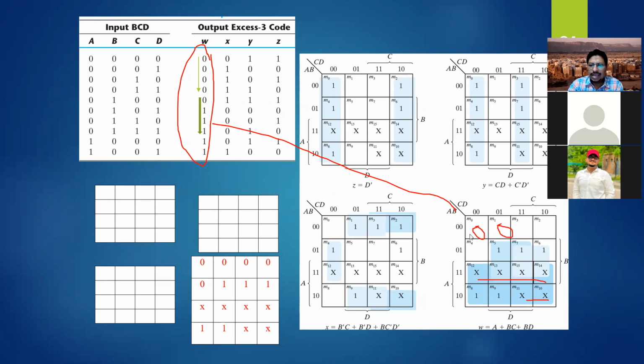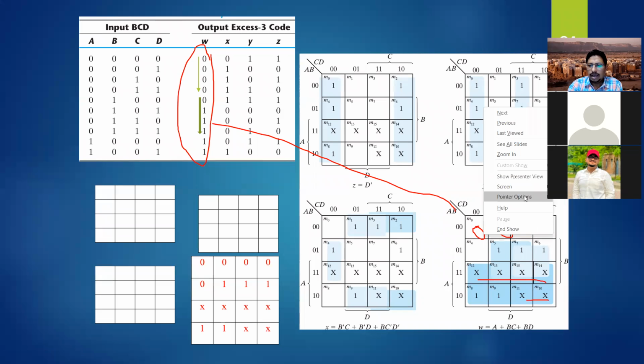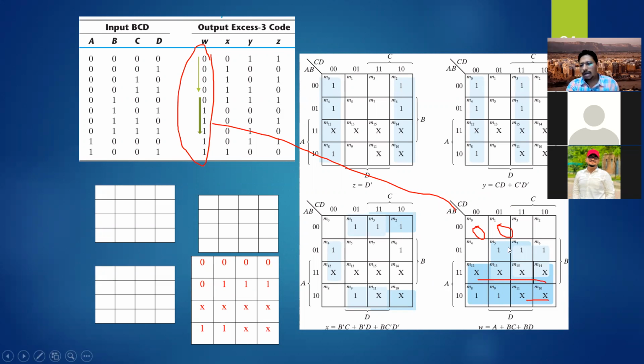Now, what do I have to do after that? After this, I just have to minimize, according to the 3rd chapter, minimizing adjacent squares, or minimizing the ones, or minimizing the gates. So here I have 1, 1, but the rest are don't care conditions. I will take all of them as 1.